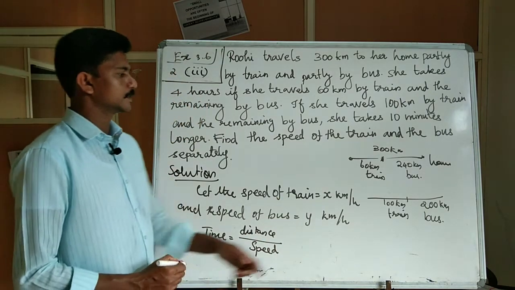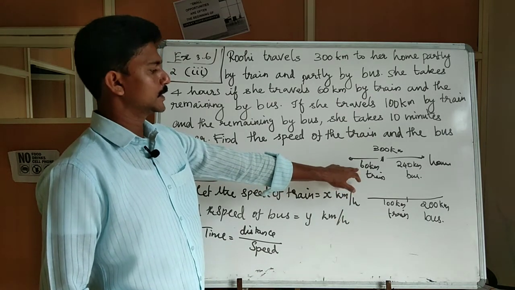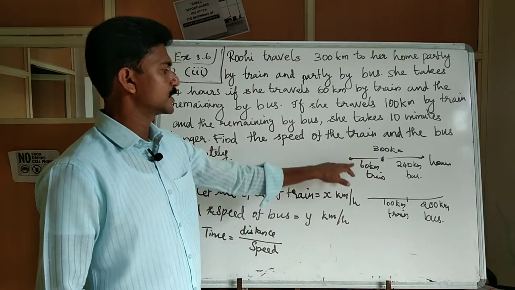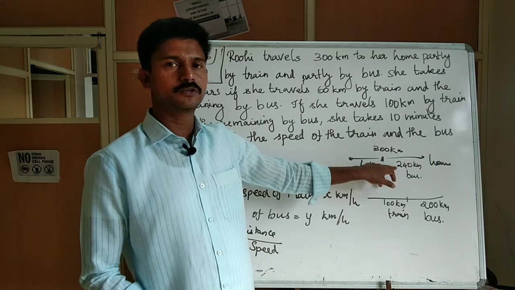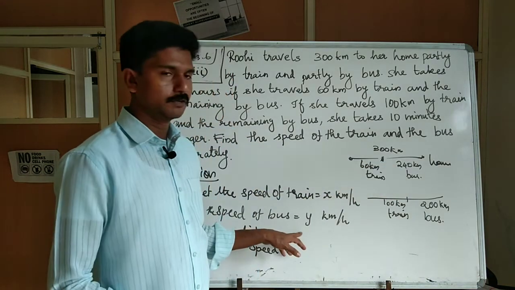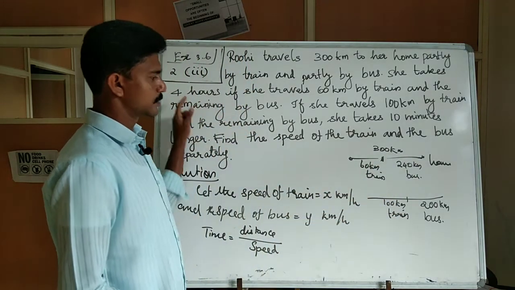So we can calculate the time taken to travel by train: distance 60 kilometers by speed x. So 60 by x plus 240 by y, where 240 is the distance traveled by bus, is equal to the time taken, which is 4 hours.